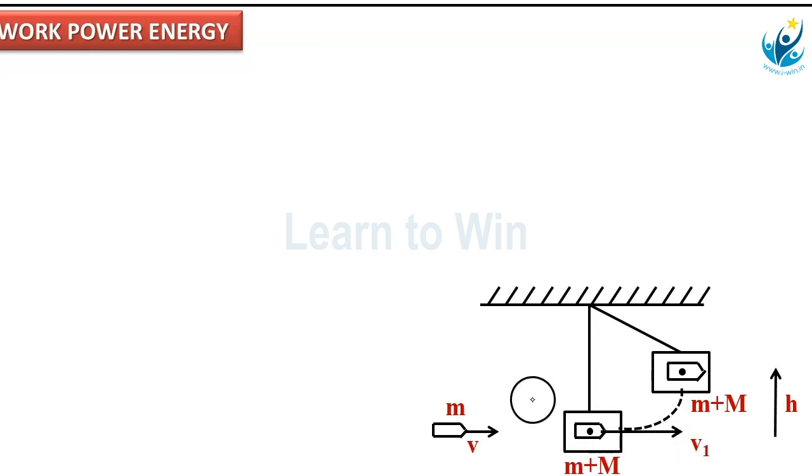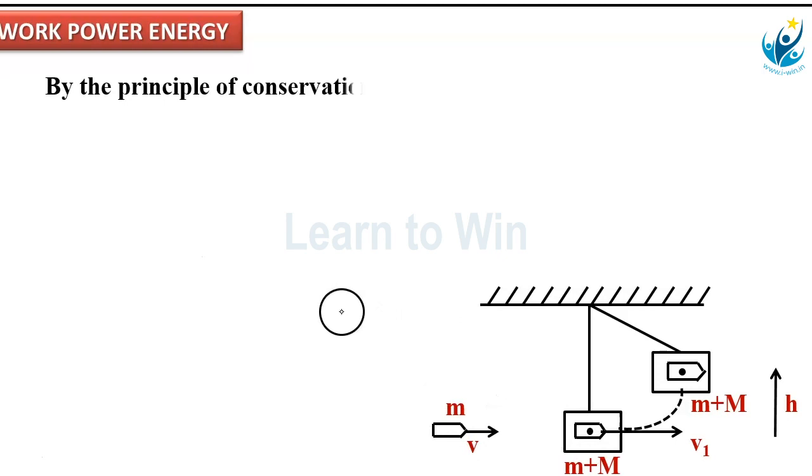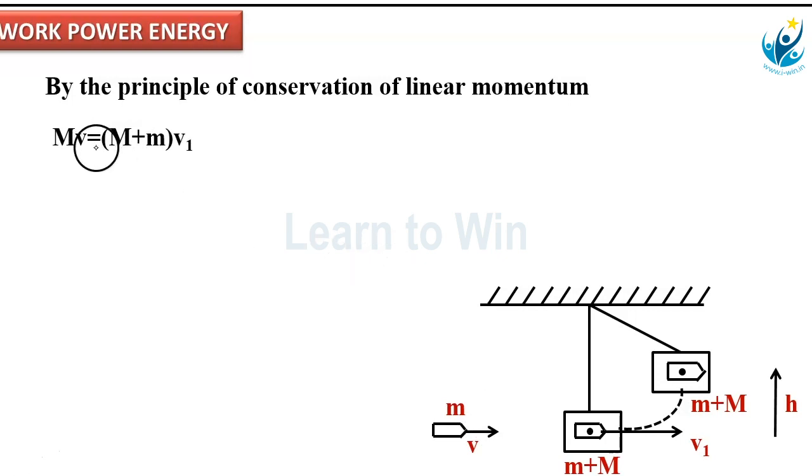What is the law of conservation of linear momentum? Total momentum before hitting is equal to total momentum after hitting. If no external force is acting, then total linear momentum remains constant. We apply that rule first. From the principle of conservation of linear momentum, mv, the initial momentum, is equal to capital M plus small m into v1.